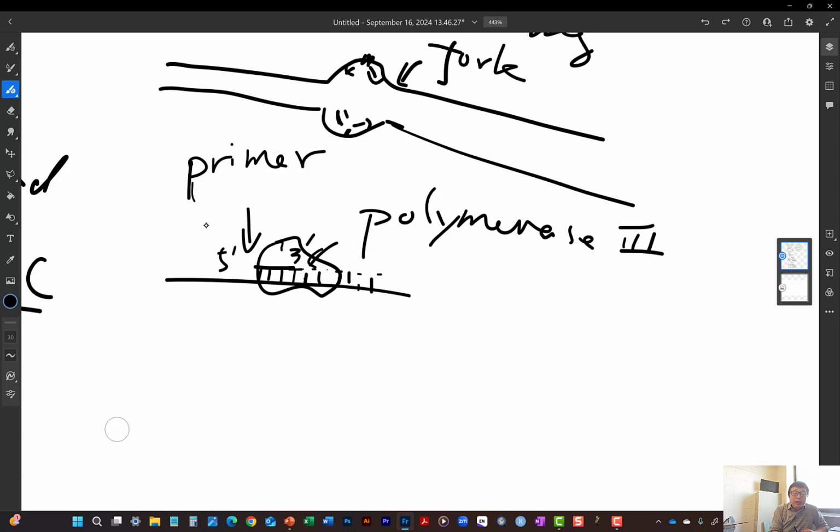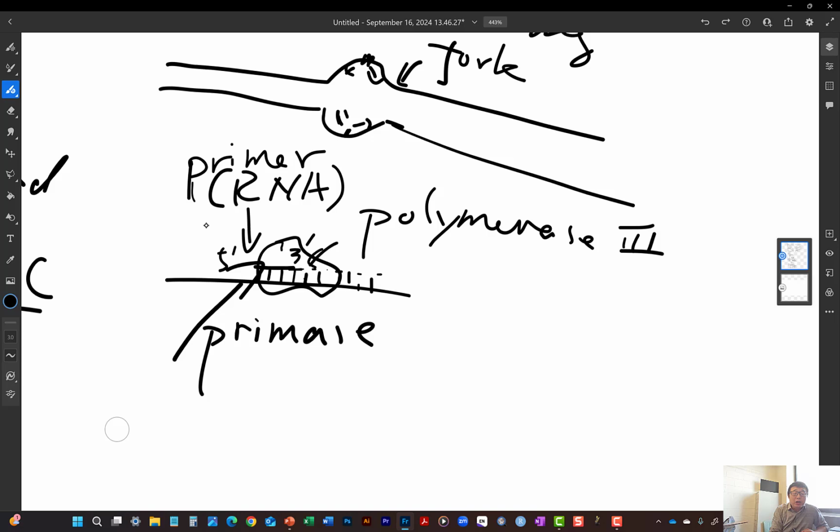And in the cells, this primer is added by something called a primase. Primase adds a primer, and then the polymerase extends the primer going forward. And the primer in the cell is RNA. Later, this RNA will be removed. How to remove it, we'll talk about later.